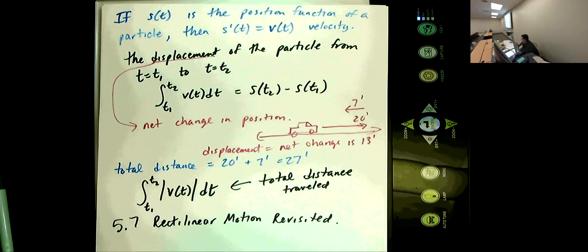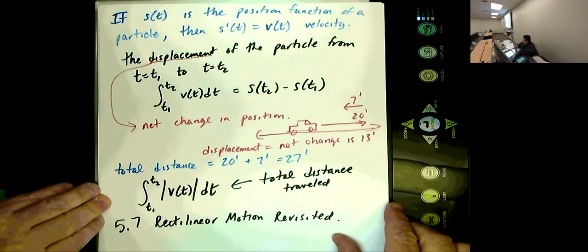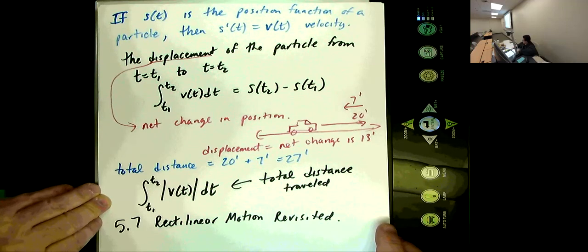Last time we did rectilinear motion, we were only doing derivatives. Now we're throwing in integrals, and we're going to see how that changes things up. Anyone need this up longer? Okay.